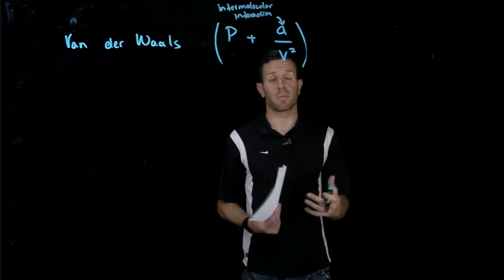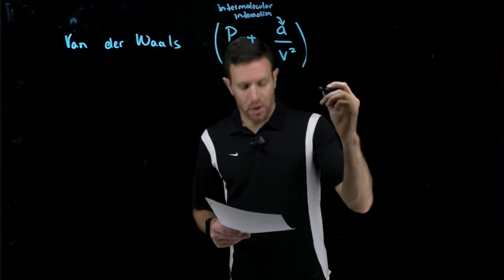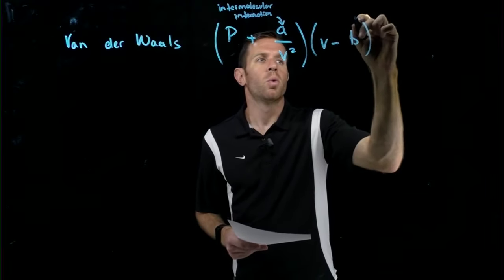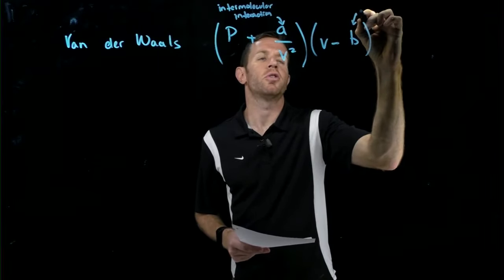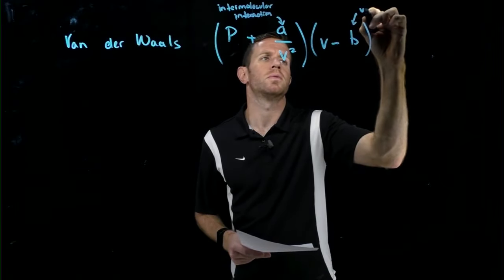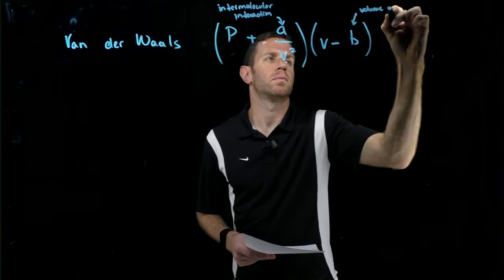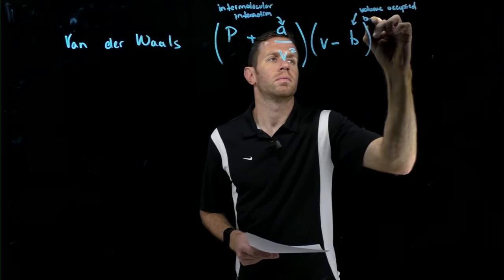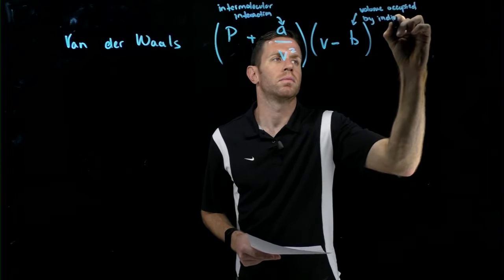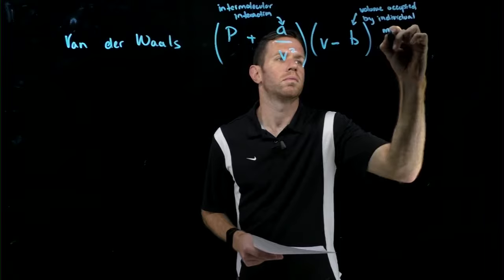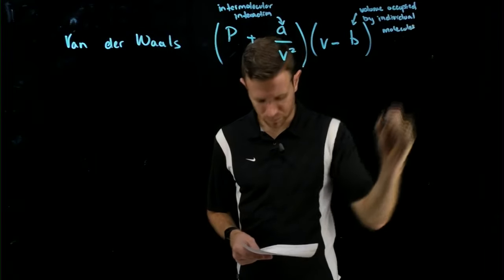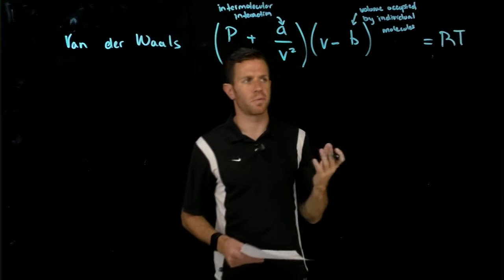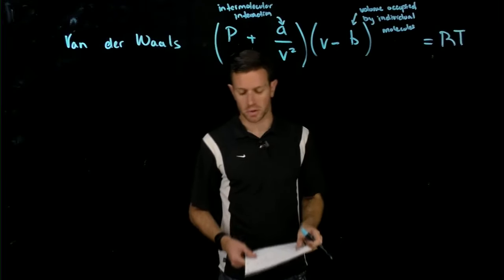They attract and repel one another. And this is multiplied by v minus b, where b represents the volume occupied by individual molecules. And that, of course, equals RT, as before, compared to an ideal gas equation of state.